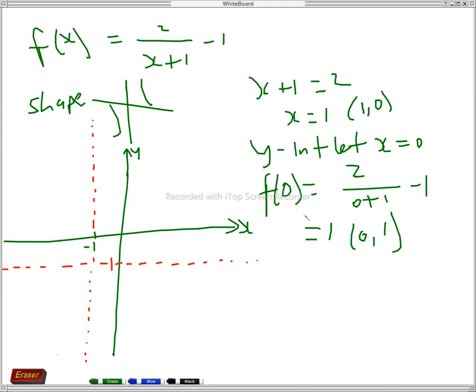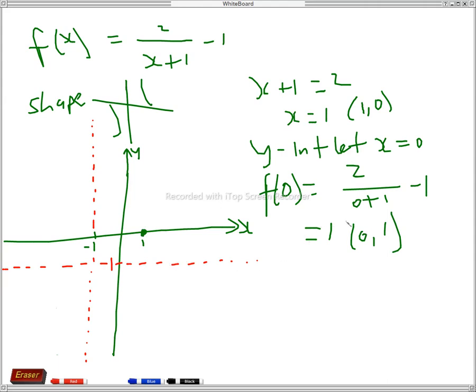Therefore I have to plot my coordinates. Let me start with x. My x was 1 and 0, so 1 is right over here. Therefore this is my coordinate right here, and let me plot for y.